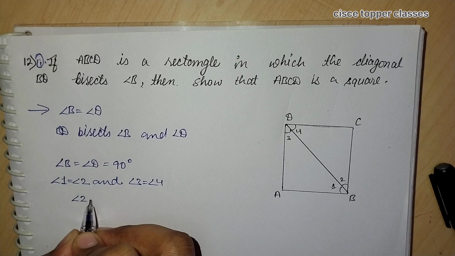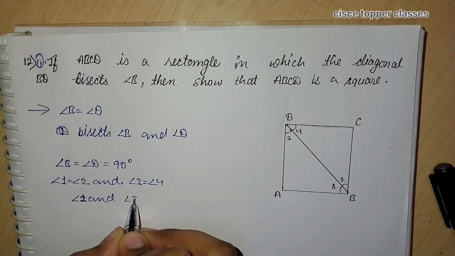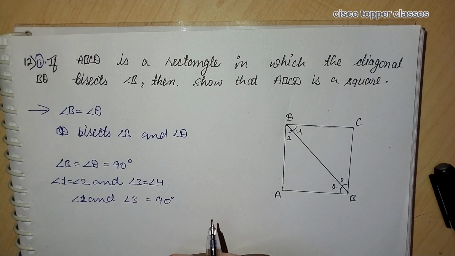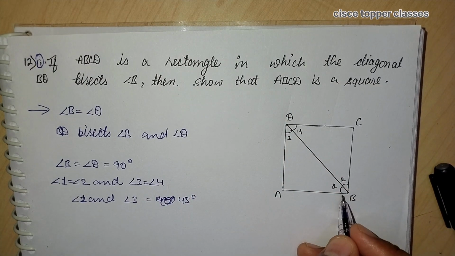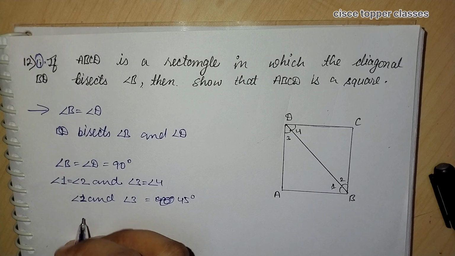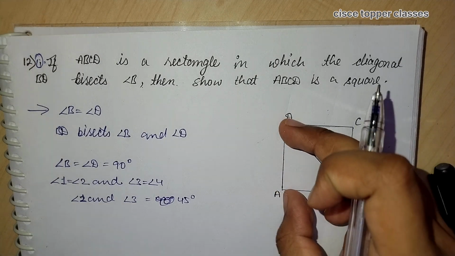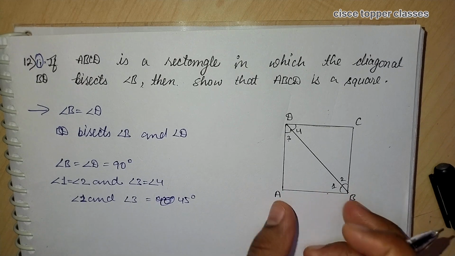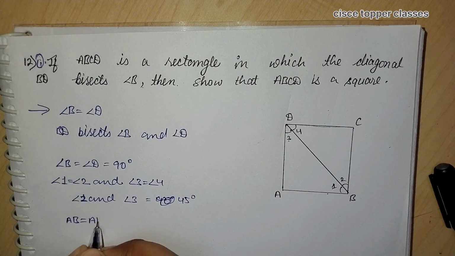Each of these is 45 degrees, because diagonal BD bisects the angle. Here angle 1 is equal to angle 3, and the sides opposite equal angles are also equal. From that we can prove AB is equal to AD.